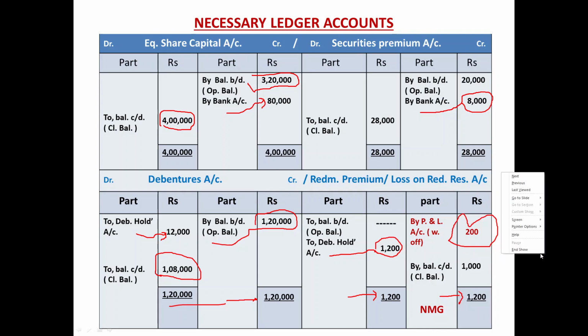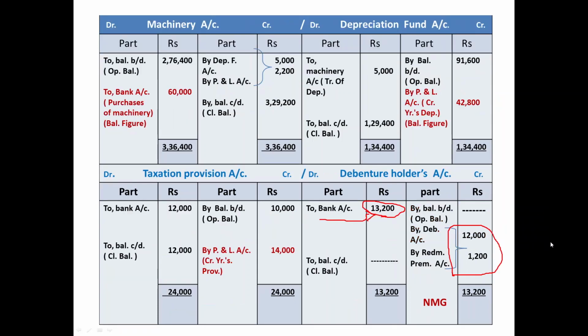So we close the two ledger accounts. And the third one, debenture holders account. Have a look. 13,200, 13,200. It's over. No balancing figure over here.